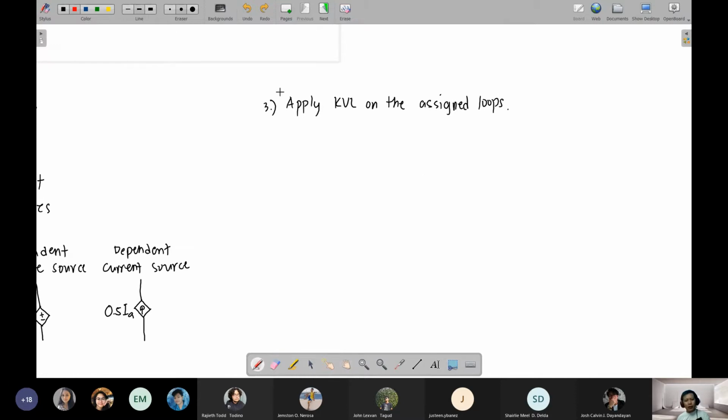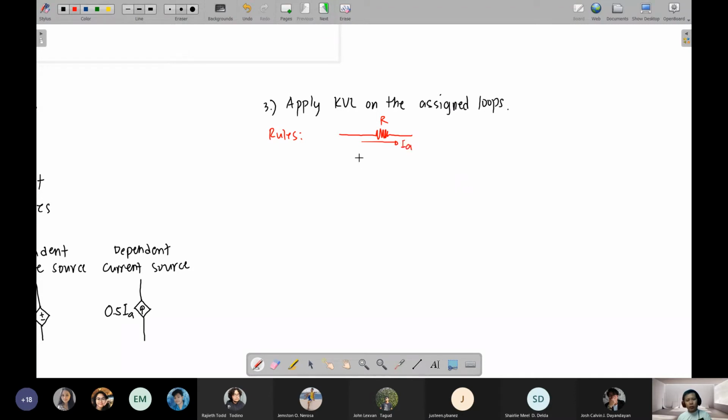So let's recall the rules. These are the rules in applying KVL. For example, if this is my resistor, let's say resistor R, and this is the current assigned to that resistor, let's say current IA.